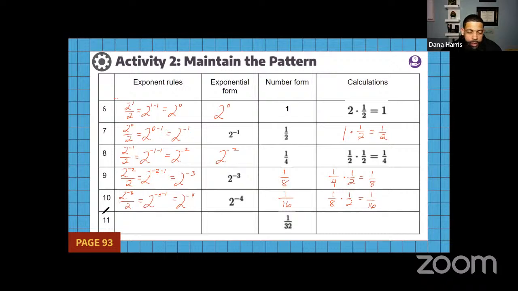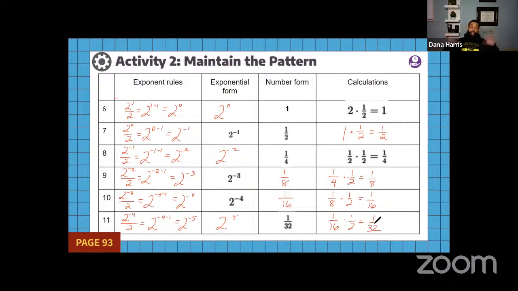Continue the pattern. 2 to the negative 4 power over 2, which equals 2 to the negative 4 minus 1. And that's 2 to the negative 5th power. Okay. So 1 over 32. And then I take the 1 over 16 times 1/2, and I get 1 over 32.